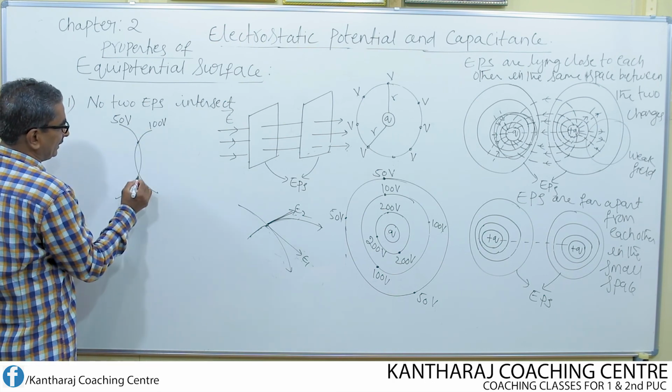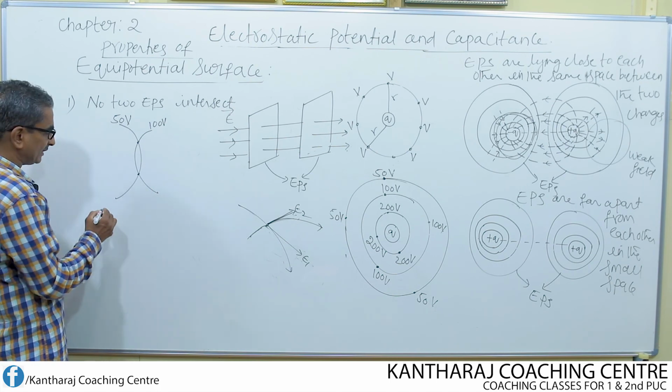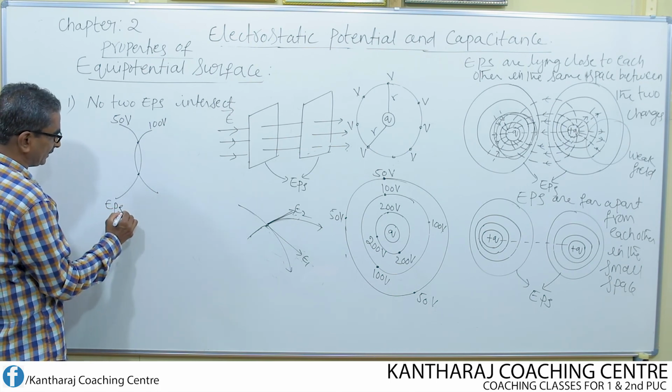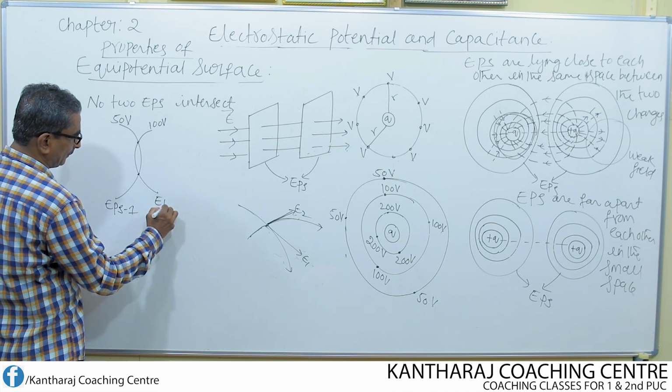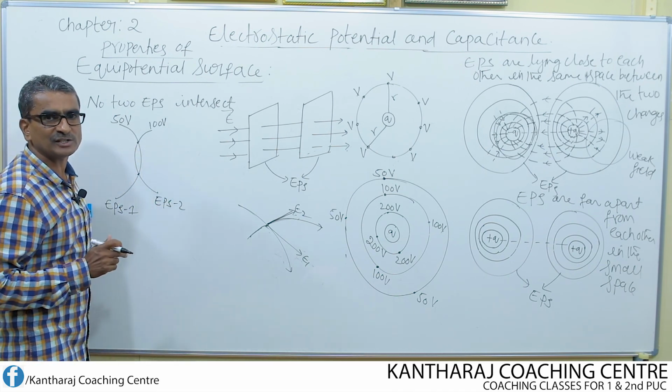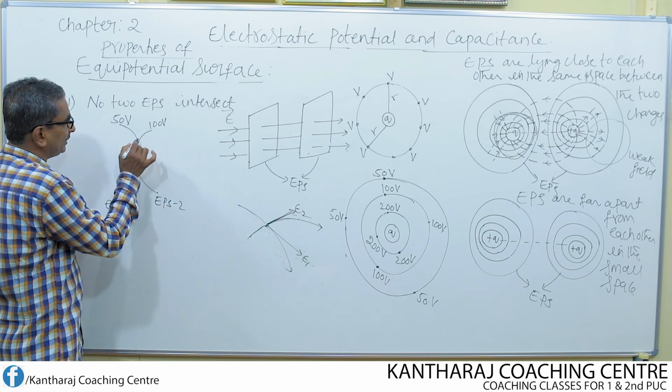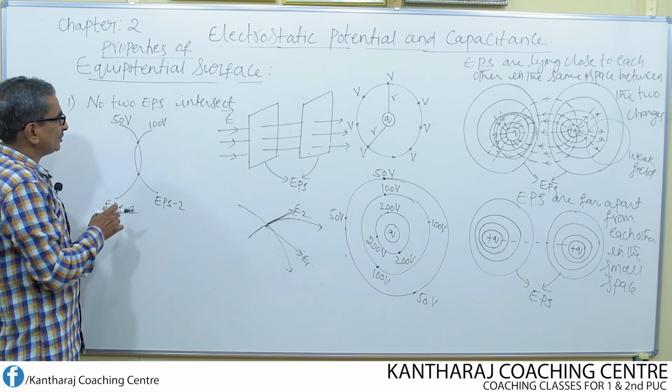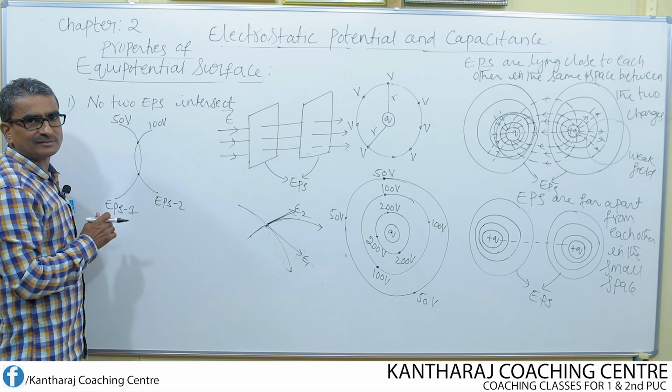This is the point of intersection of the two equipotential surfaces. This is equipotential surface 1 and this is equipotential surface 2. If they intersect like this, then at this point, what's the potential? Is it 50 volt or 100 volt? Neither it is 50 nor it is 100.